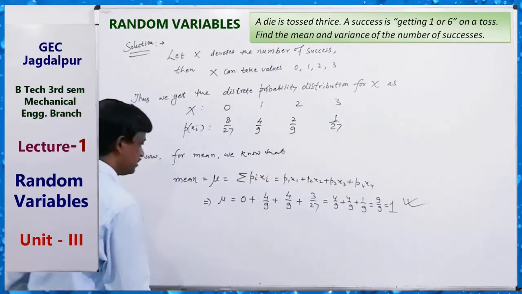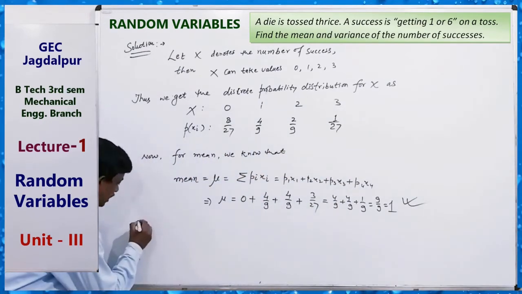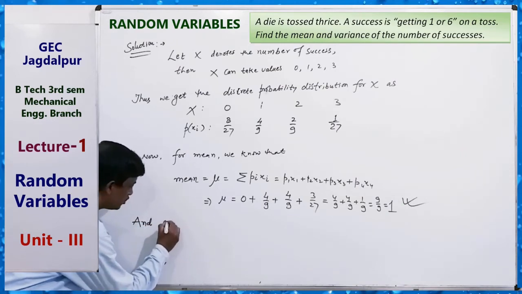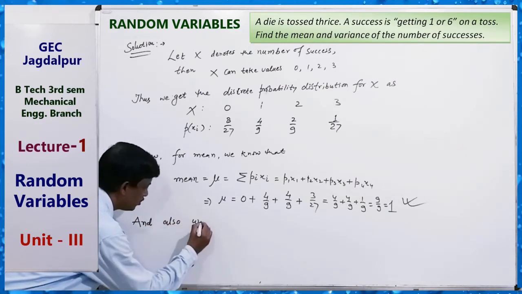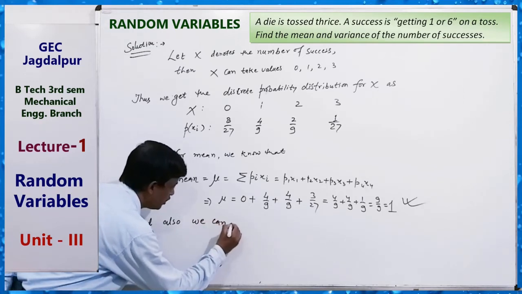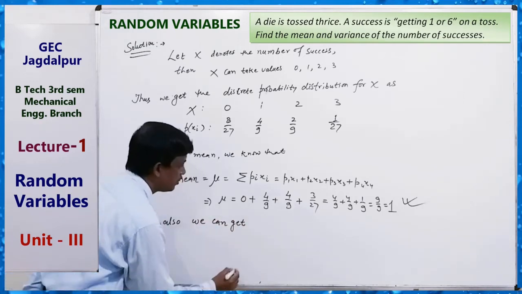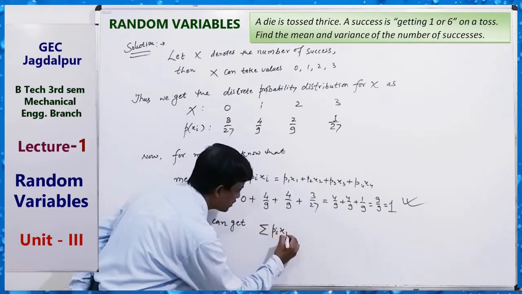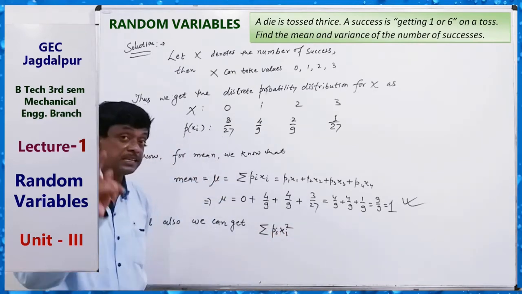And variance. Also we can get, we require what? Summation pi xi square.